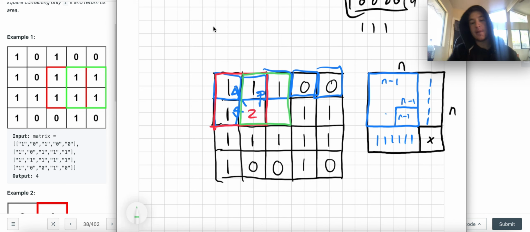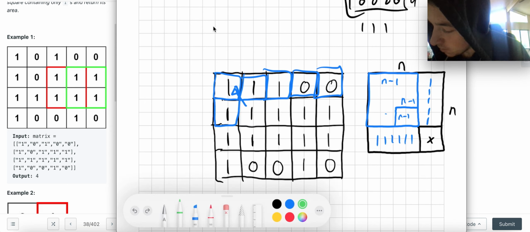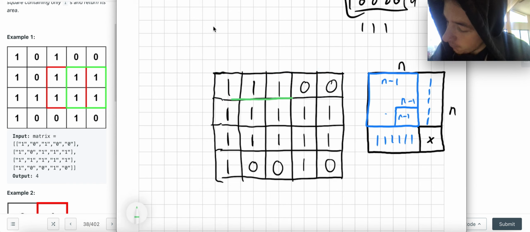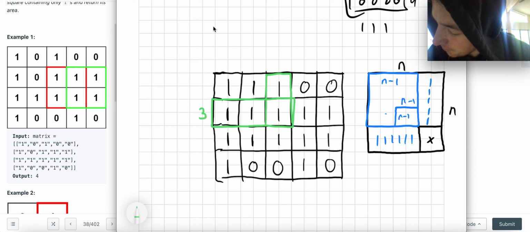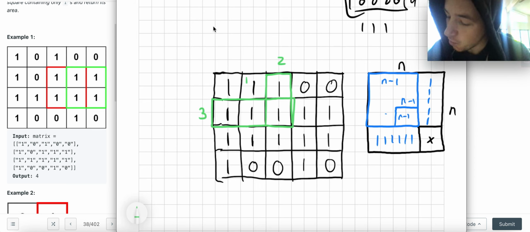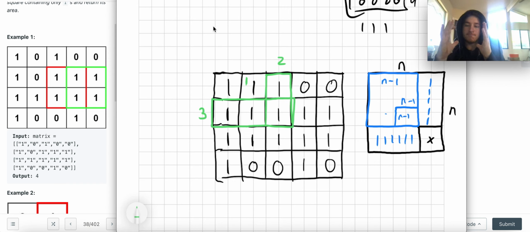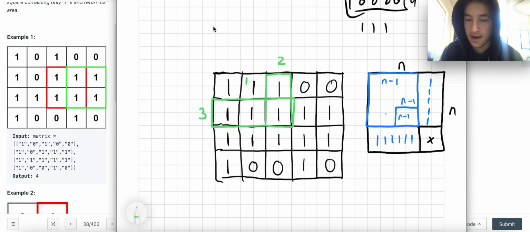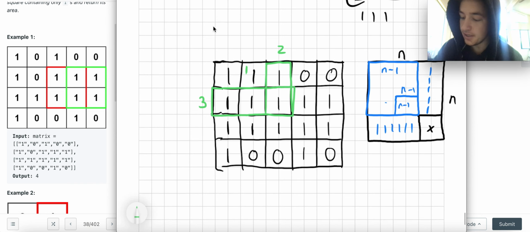Now, how do you not have a 3 by 3 square? Well, for this cell here, it has 3 to the left and it has 2 above, and then there's a 1 by 1 square in this top position. But since it has to be a square, it has to have the same shape, and it's going to be constrained by the minimum shape from here and here.